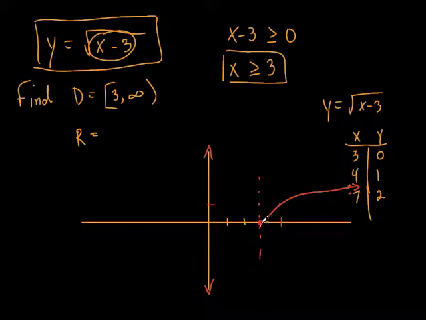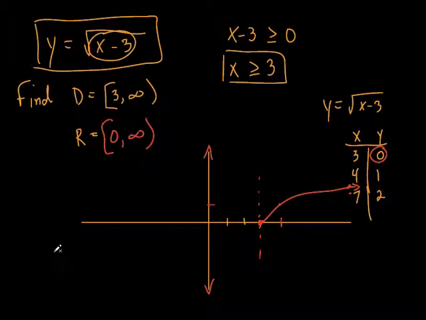The very bottom of this is at 0. But then it just keeps climbing and climbing and climbing, doesn't it? So what's the range then? It starts at 0 and it goes all the way up to infinity, right? And it includes 0 too, because that's a valid number right there. So it includes 0 and it goes all the way up to infinity. And that would be the range.